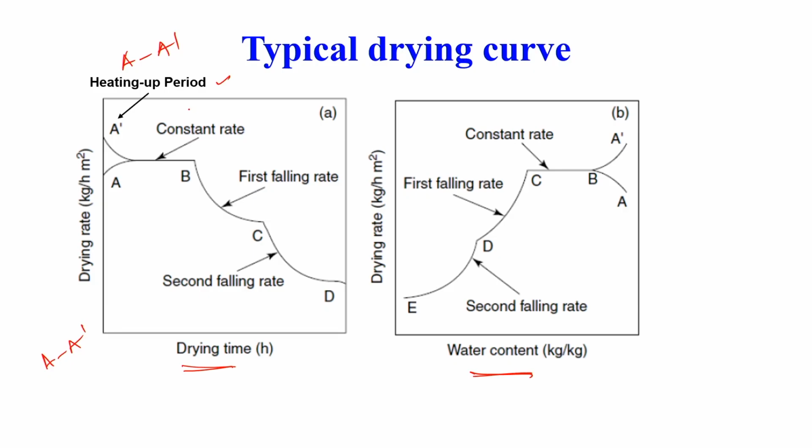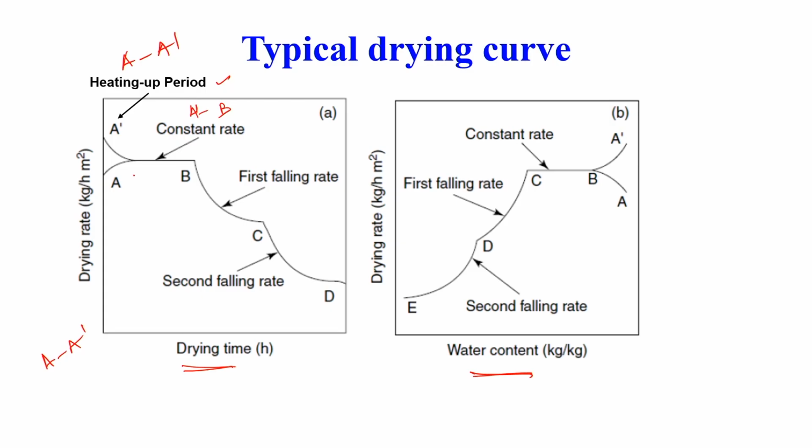Then from A dash to B is the constant rate period. Constant rate means the surface water is being removed and the same amount of water is again coming to the surface. It means the water removal or evaporation is at equilibrium. So the rate is constant.